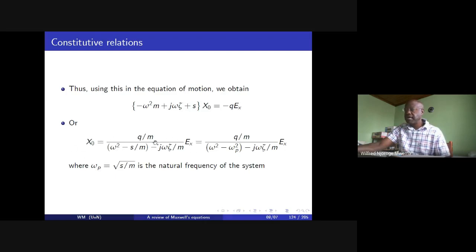And because of this damping term, x naught will have a phase angle in relation. So we can replace it by an omega p, where we define omega p as the square root of the spring stiffness divided by the mass, and we call it the natural frequency of the system.